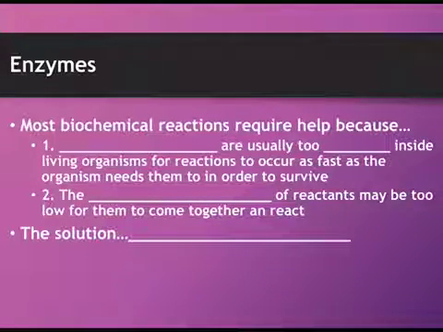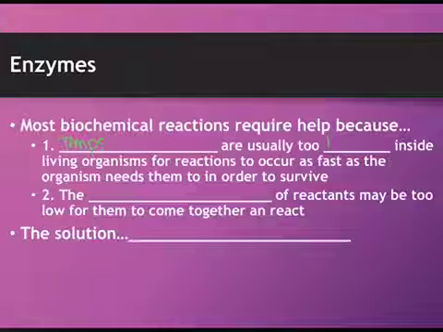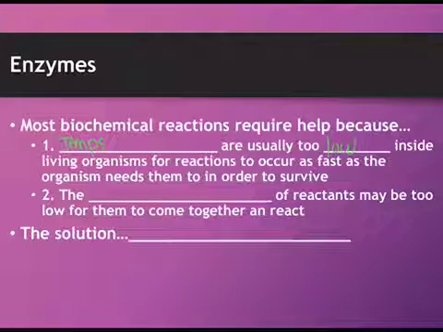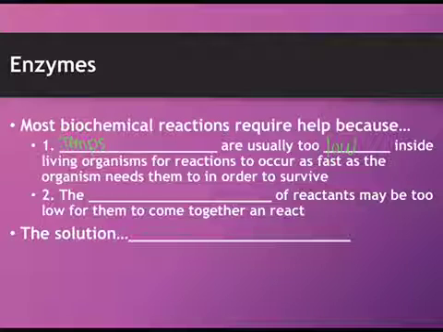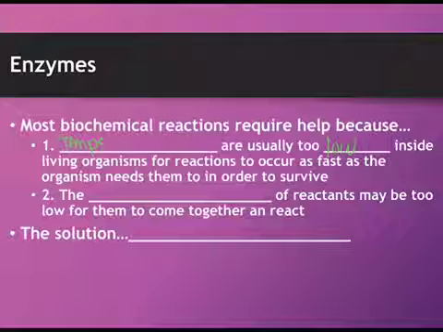Most biochemical reactions are going to require some help. They can't just start on their own. And this is because the temperatures are usually too low within the body to allow the reactions to happen fast enough, and because organisms need the products from these reactions in order to survive.